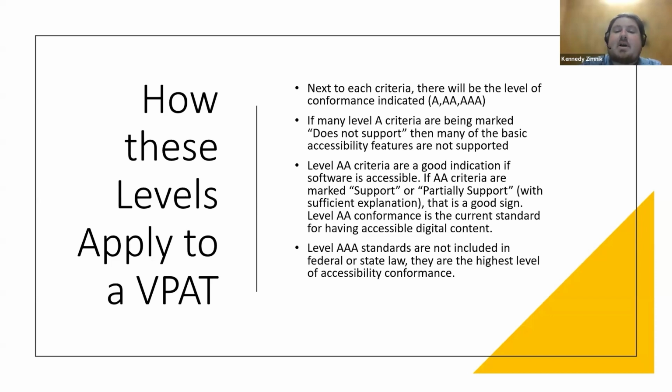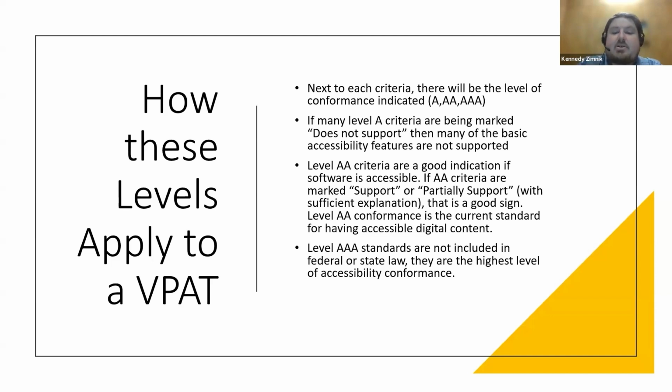Level AA criteria are a good indication if software is accessible. If AA criteria are marked as supports or partially supports, with sufficient explanation, of course, if it's partially supported, or even if it is supported, we do want some sort of explanation. That is a good sign. Level AA conformance is the current standard for having accessible digital content.